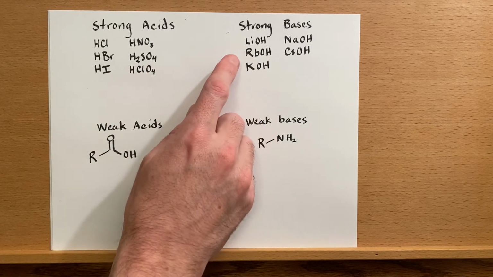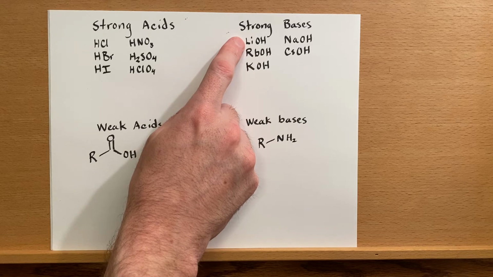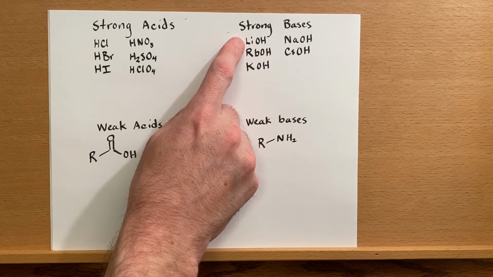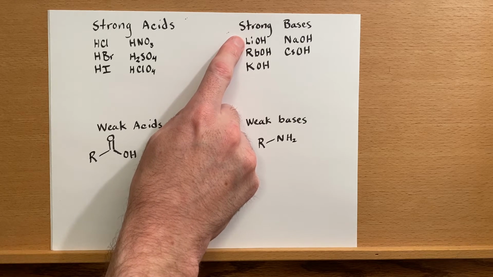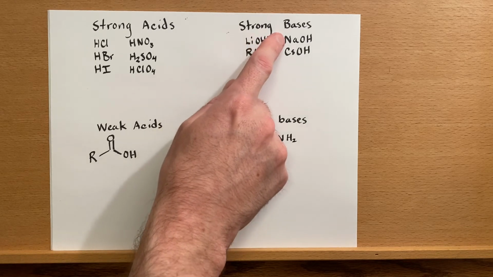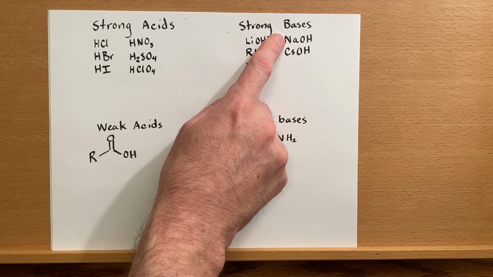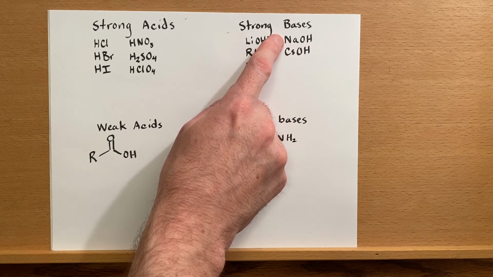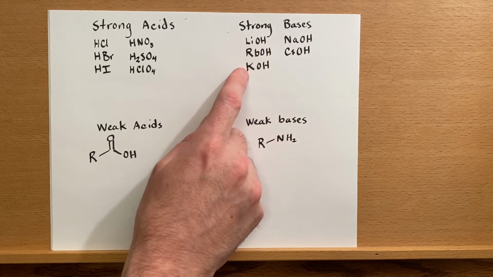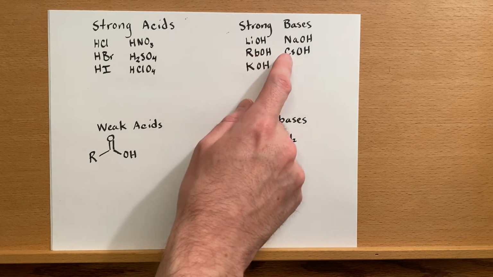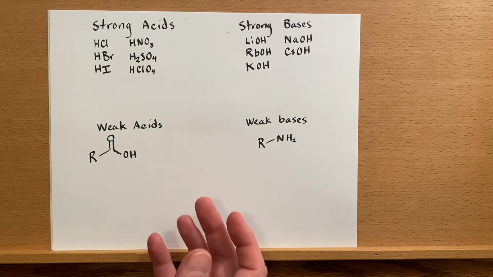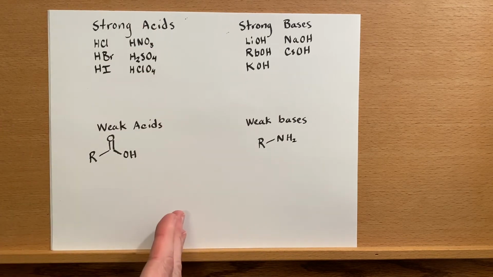Now, let's look at our strong bases. We begin with lithium hydroxide. It's not quite as strong as the others, but it is quite strong. Then we have sodium hydroxide, which is, I would say, the most common one in use. Potassium hydroxide, rubidium hydroxide, and cesium hydroxide. Now you'll notice that's essentially just the alkali metals, the first column of the periodic table.